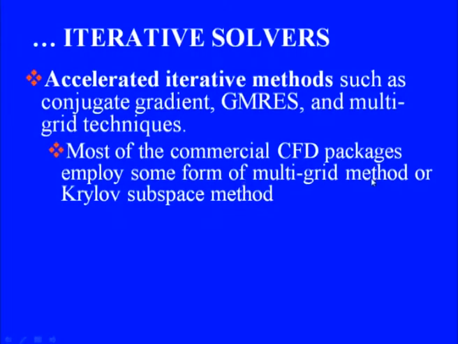Everything is being done algebraically, and that is why these are called algebraic multigrid techniques. Today most of the commercial CFD packages employ some form of multigrid method or Krylov subspace method. In fact, most of them use the multigrid method as a preconditioner for a Krylov subspace method.